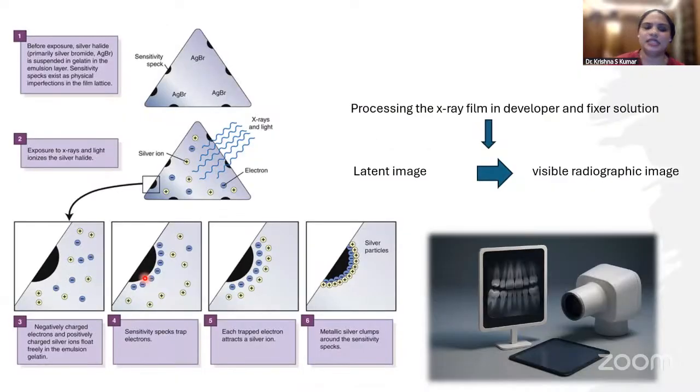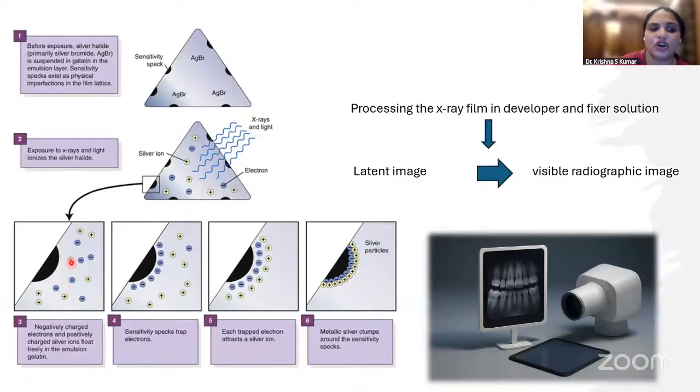So this is the same explanation. Here there are silver bromide crystals, the sensitivity speck, which contains the trace elements. Then the positive interstitial silver ions are present, which are freely floating. When the X-rays or light strike it, it releases a negatively charged electron.